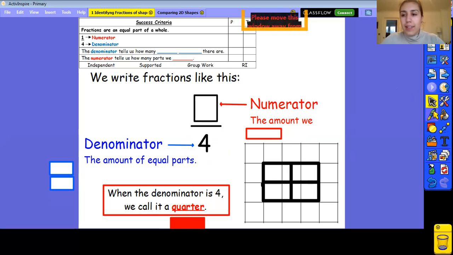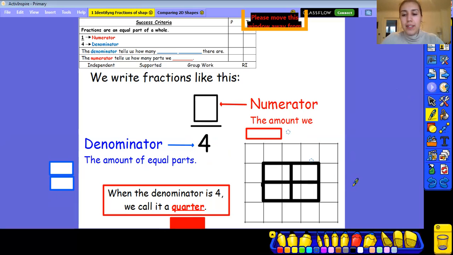Fantastic. So let's say that my numerator now is 1. I would have 1/4. So what does that mean I have to do to my shape? That means I have to shade one of those parts on my shape.